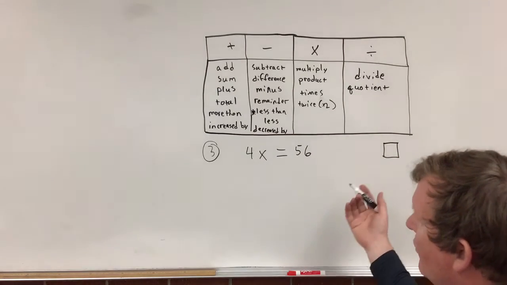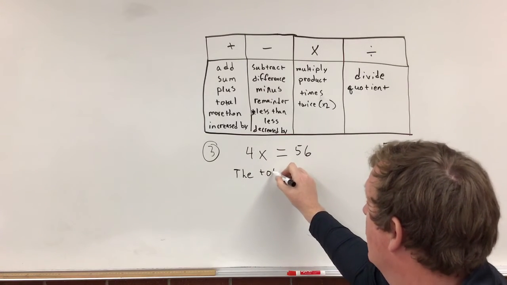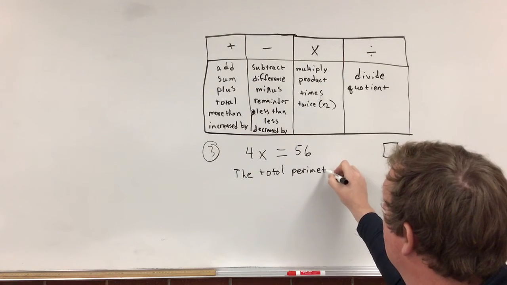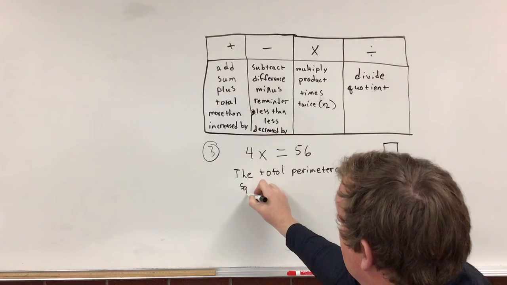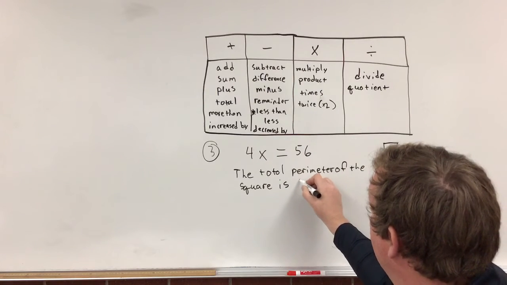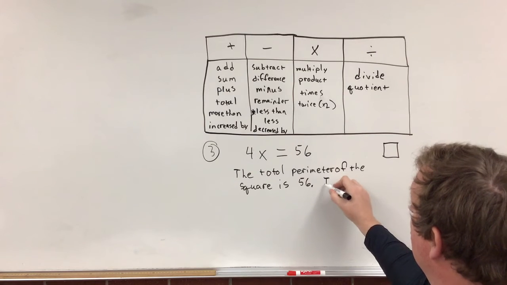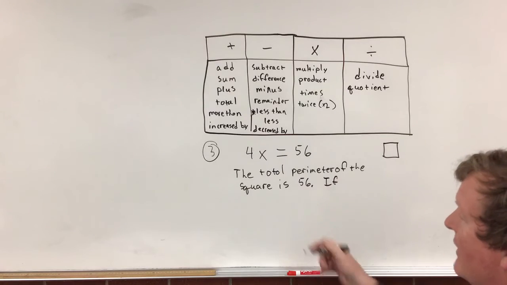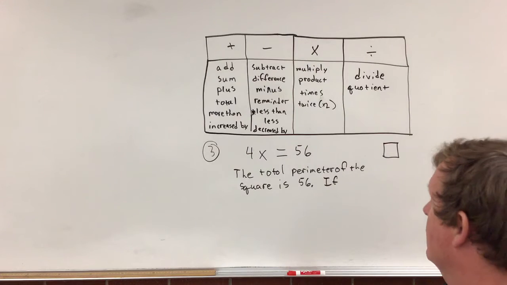So we start off with our total. We'll say the total perimeter of the square is 56. And here we really don't know anything. The only thing we know is that there's 4 x's. So we only have the unknown.